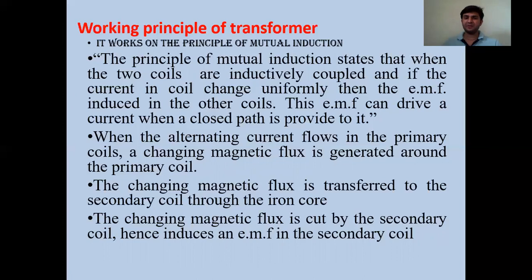That primary winding produces a change in magnetic flux, and this change in magnetic flux is transferred to the secondary coil through the iron core. The function of this core is to transfer the change in flux linkage to the secondary coil.